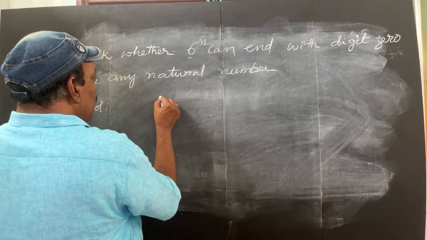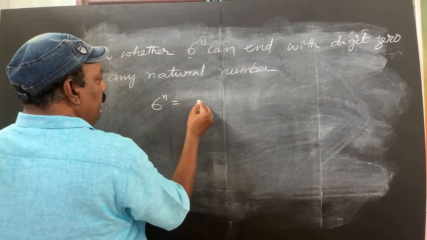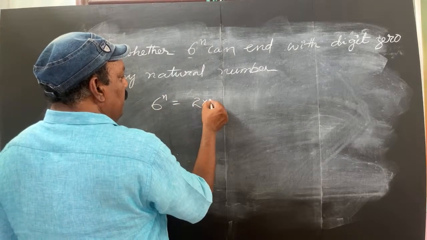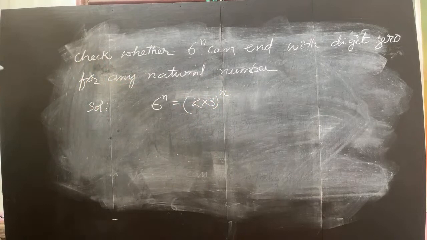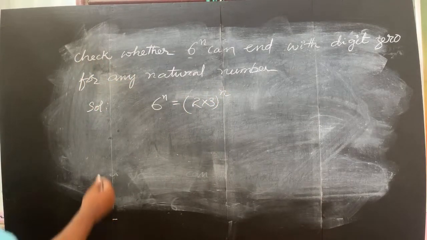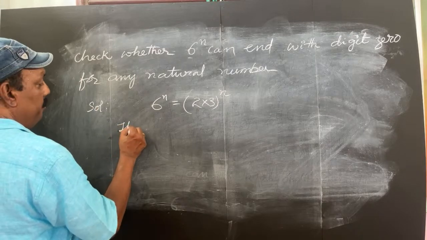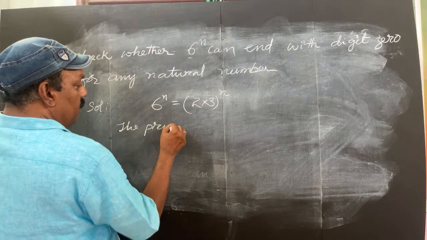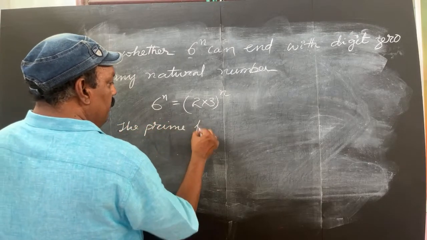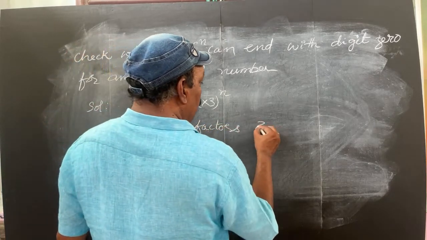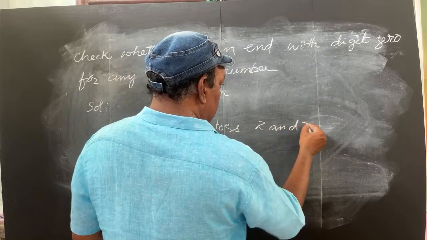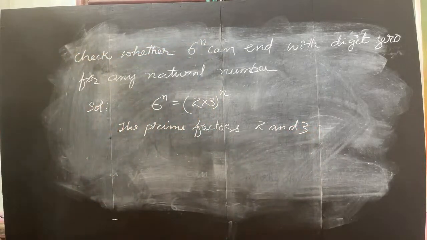Now, 6 to the power of n is nothing but 2 into 3 to the power of n, and the prime factors 2 and 3 we got here.